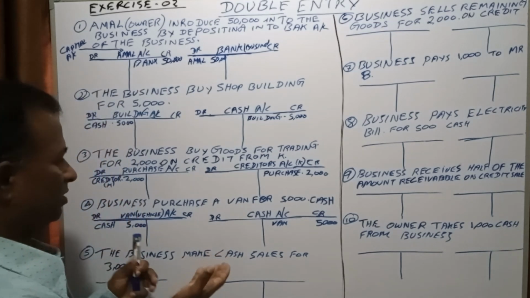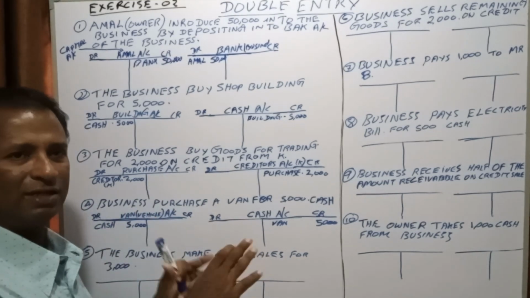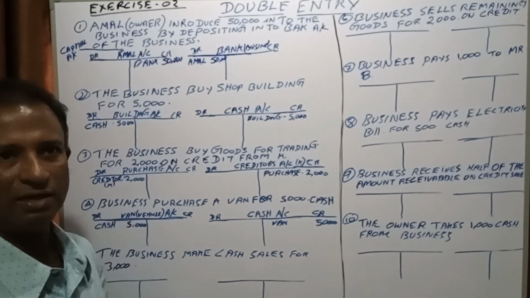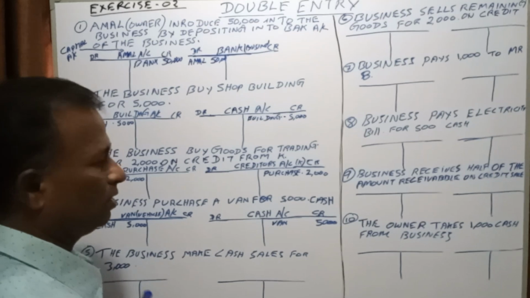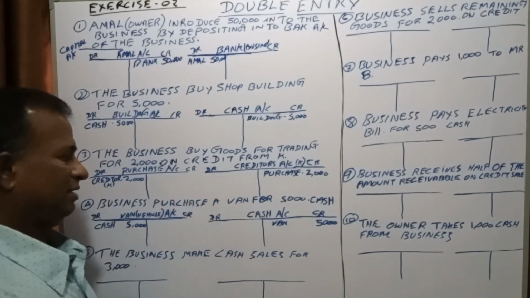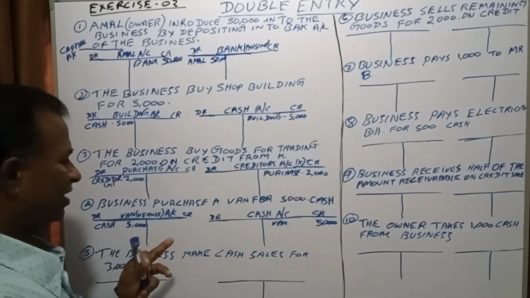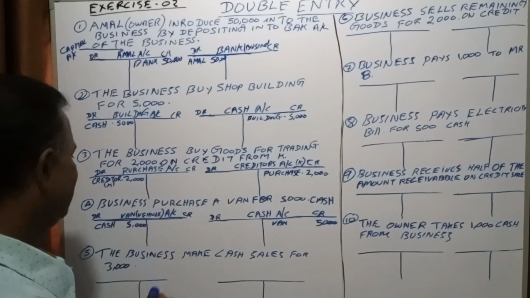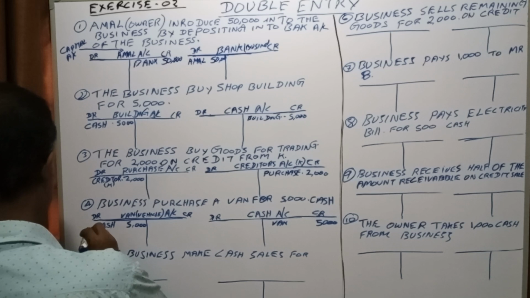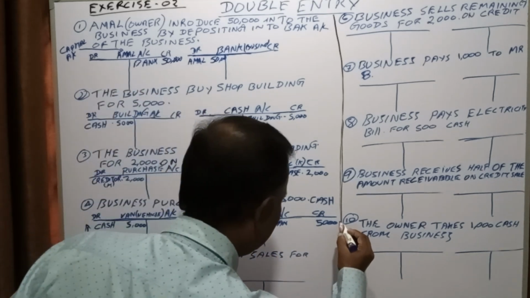Both the van and cash account are classified under the assets. One is under assets and one is under current assets. What happens is this asset is increasing and this asset is decreasing.